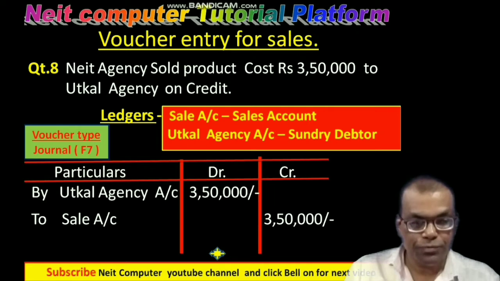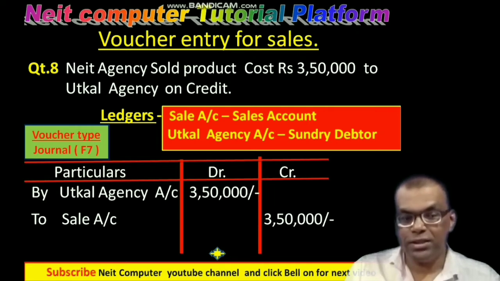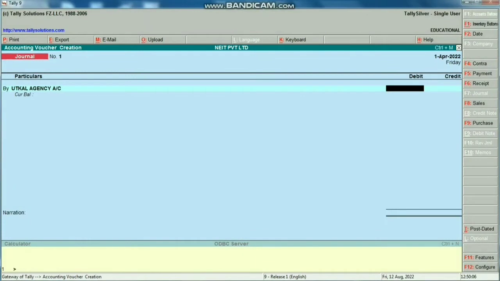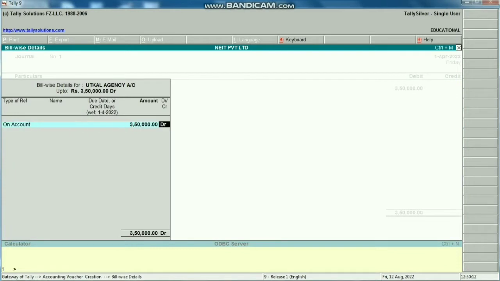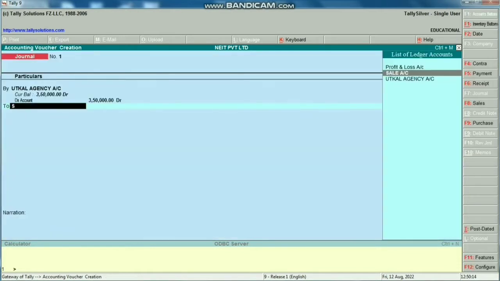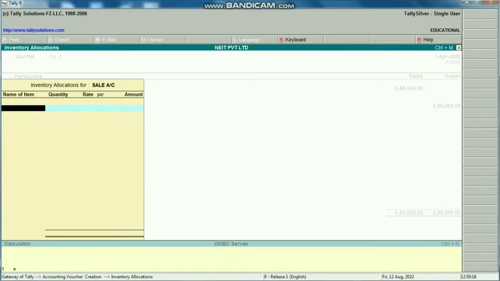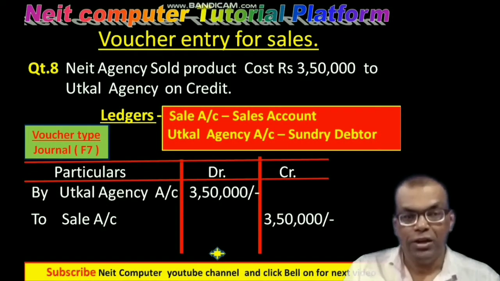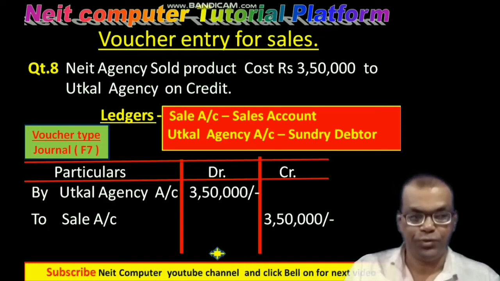In the voucher, Utkal agency becomes a debit 3,50,000 and the sale account becomes a credit 3,50,000, because 3,50,000 is the amount Neit computer sold to Utkal agency on credit without receiving any cash or any check. This is what we call a credit sale.